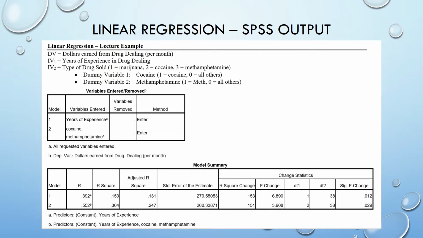And we're going to be paying a lot of attention in a few slides to mainly the R-square column and the adjusted R-square column. That gives us a lot of information about just how strong our overall model is. So keep that in mind. Let's go ahead and move on to the next slide.